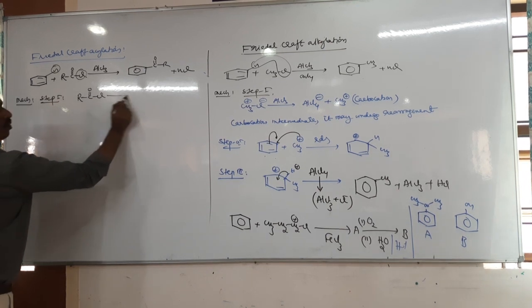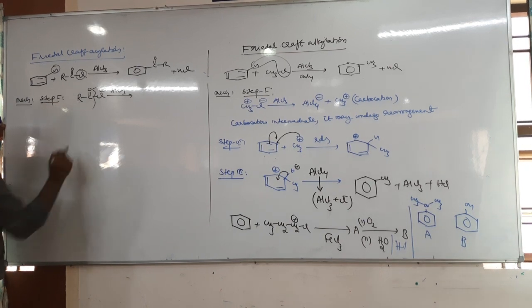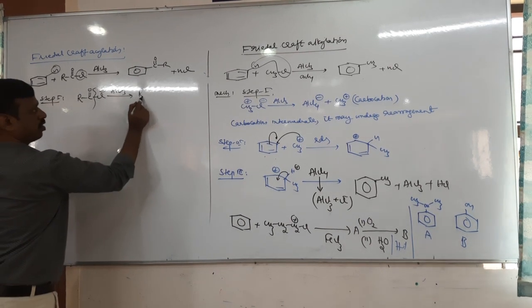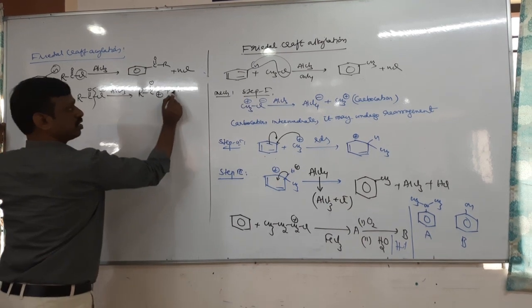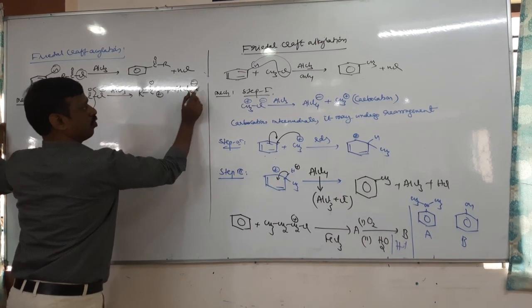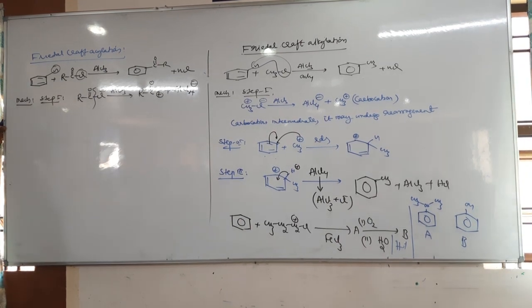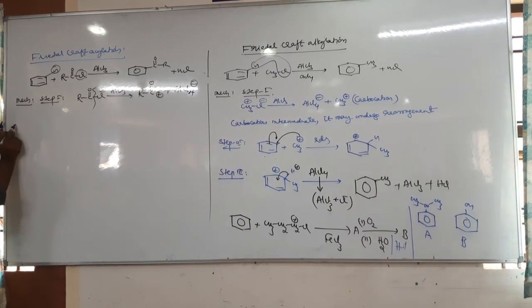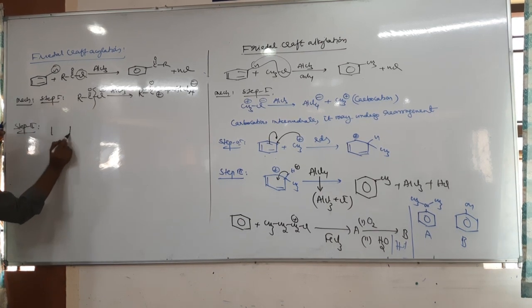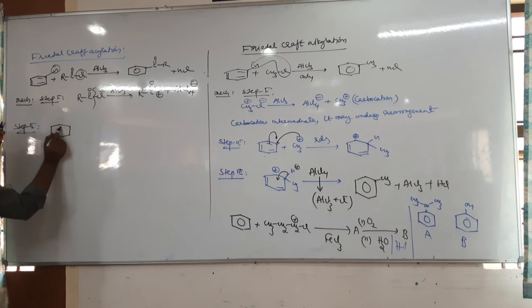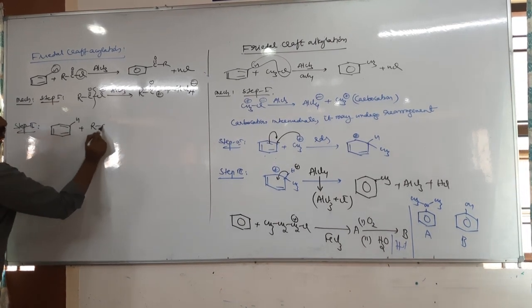Step 1: acid chloride plus AlCl3. This bond is broken here. What do you get? Electrophile plus AlCl4 minus, no? Step 2: there is an attack of electrophile.